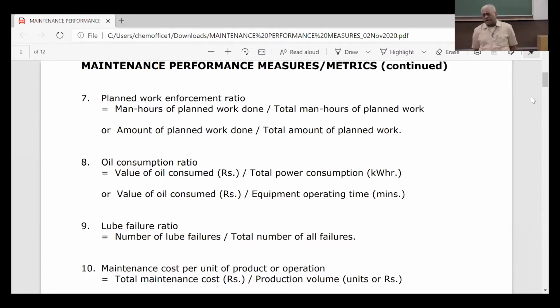Please do understand that annual maintenance turnarounds in several plants, especially in continuous processing plants, chemical plants, refineries, industrial chemicals and so on, they may wish to do what is called a shutdown annual maintenance turnaround. So they'll shut down the plant for about a week and do proper maintenance, and there it is treated as a major project actually.